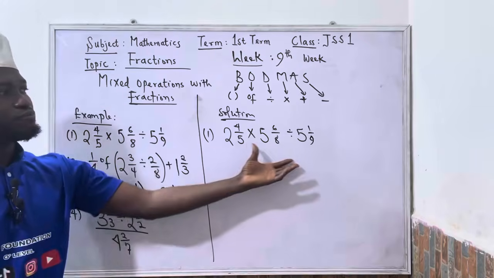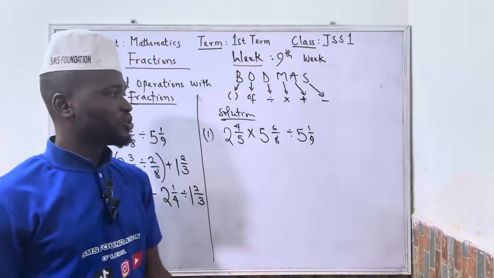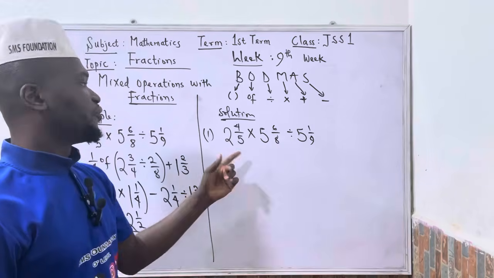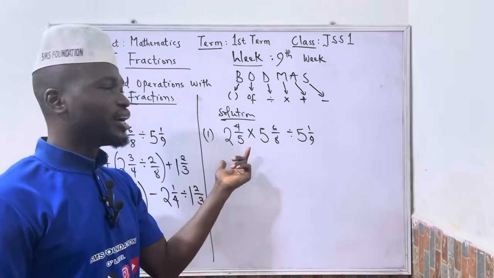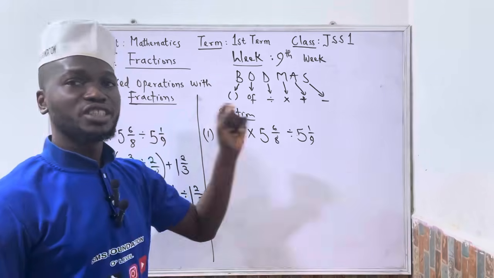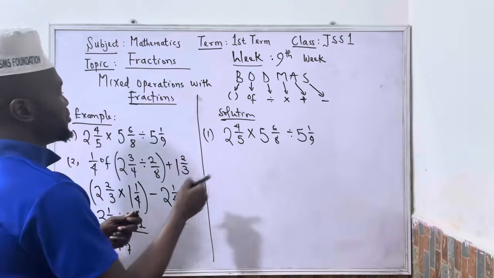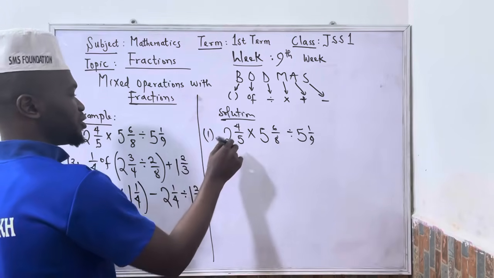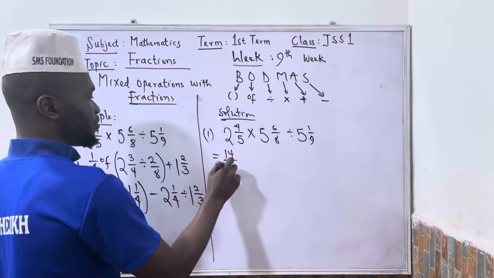Very good. Now, what we have here, you first of all look at what you have. First of all, the kind of fractions here are mixed fractions. Number one thing to do is to change them to improper fractions. Let's do that first, before we even talk about the operations. So 5 times 2, 10 plus 4, that's 14/5.